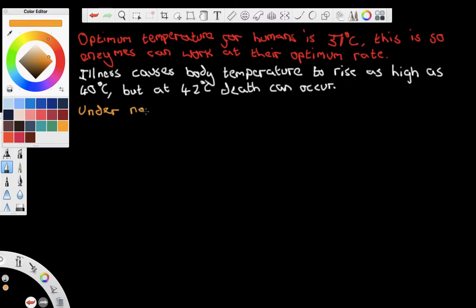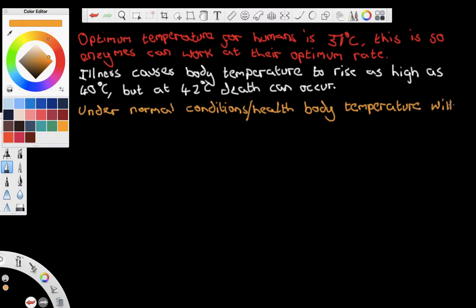So we'll just put under normal conditions / health, body temperature will not vary from 37 degrees Celsius by more than 1 degree Celsius. Okay?